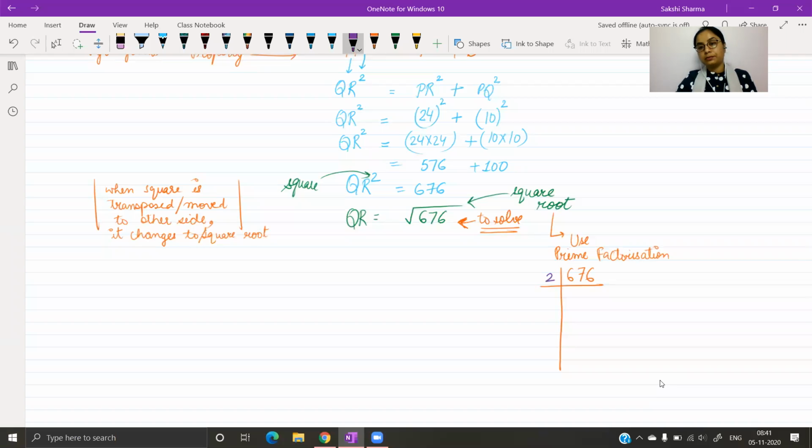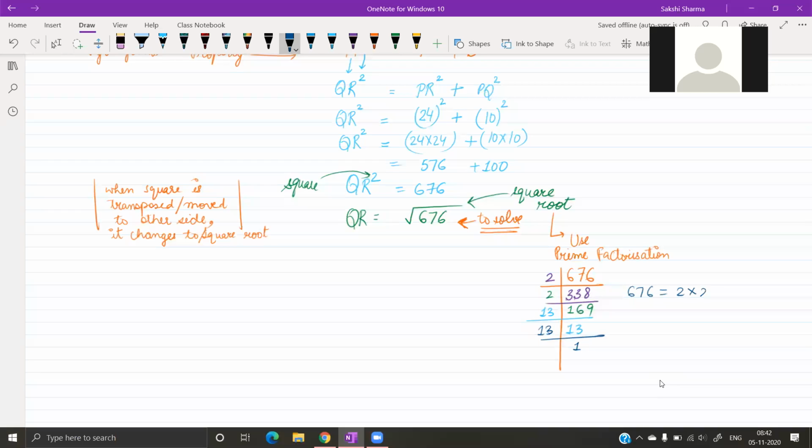Don't use composite numbers. Is that correct? Yes, ma'am. 40.